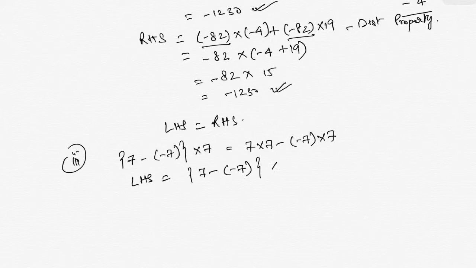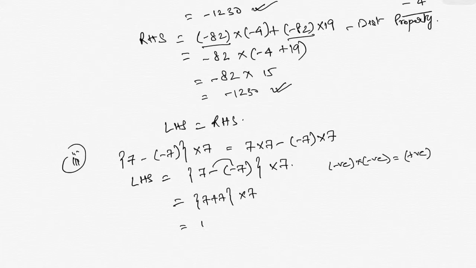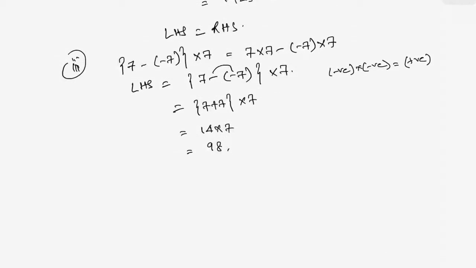Now minus into minus: the product of two negative integers is a positive integer. So this will be 7 plus 7 into 7. Now this is 14 into 7. This is 98.